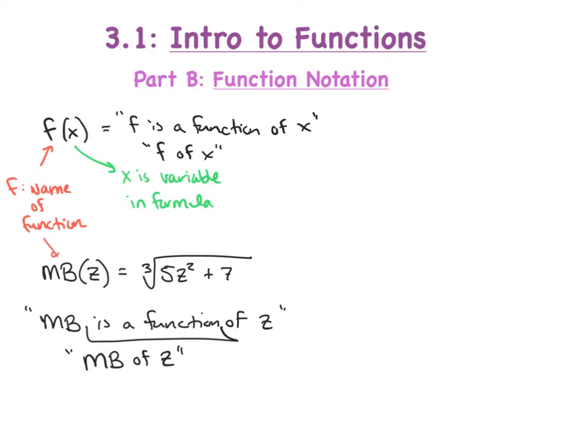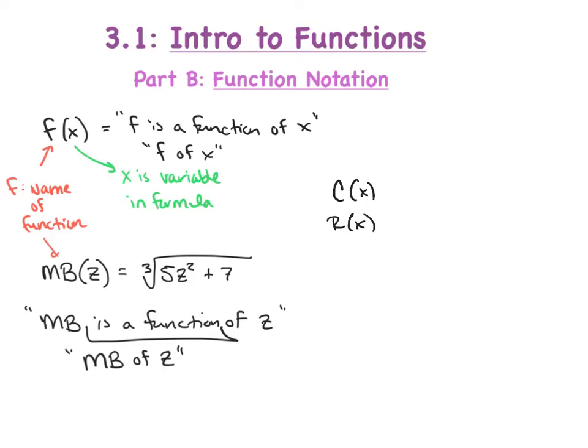It's a really powerful notation if you're using a lot of different formulas. Say you're working in business and you're dealing with cost and revenue. Then you might want to have functions c of x and r of x so you can compare the two.